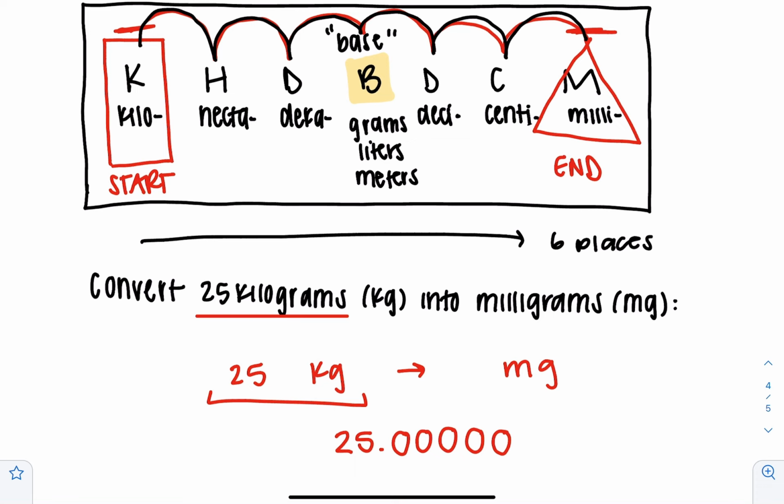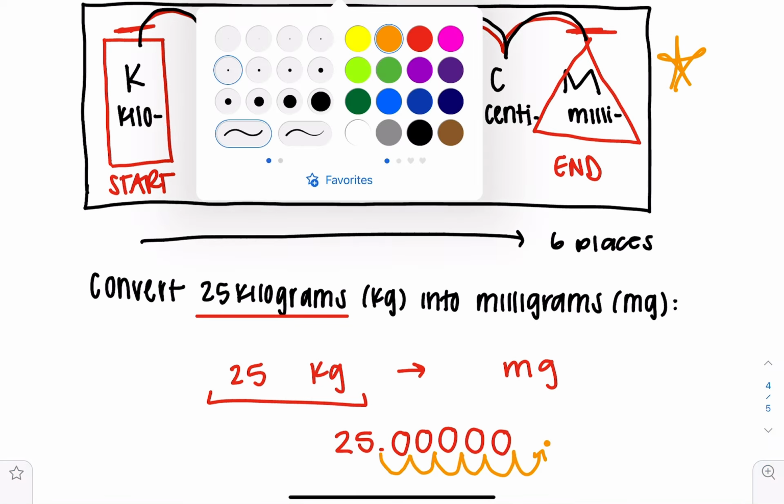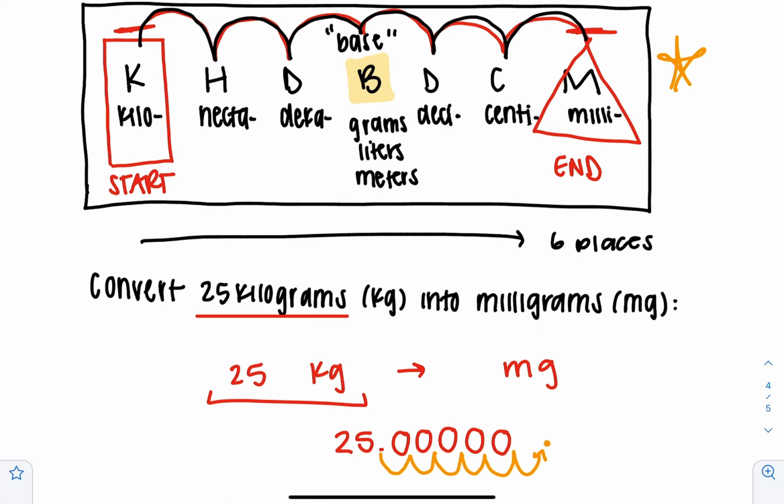Now let's actually move our decimal place 6 places to the right, just like we did on our chart. We're going to start with our decimal and move 1, 2, 3, 4, 5, 6. And now our decimal place is going to be on the right side, further down 6 places.